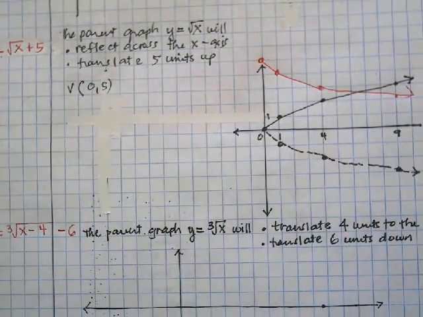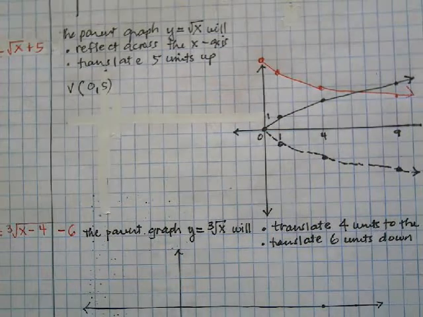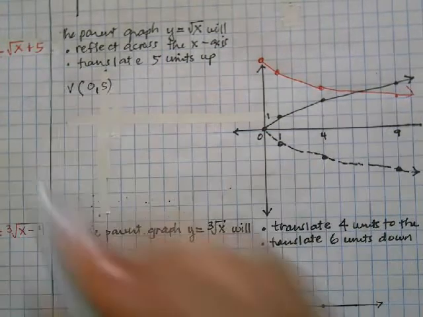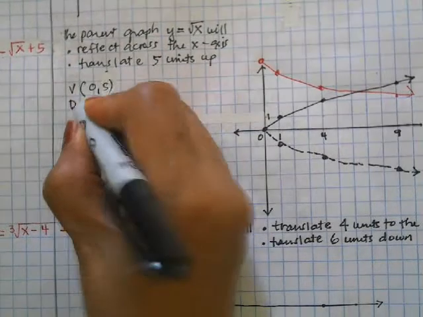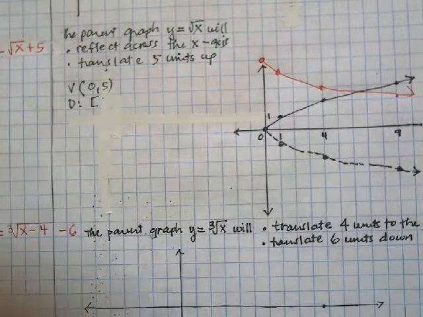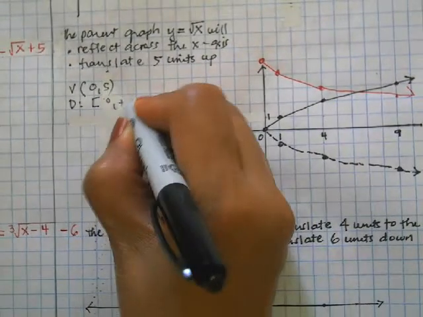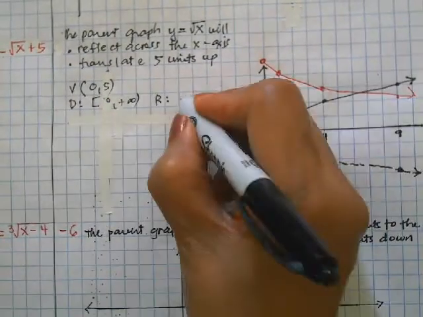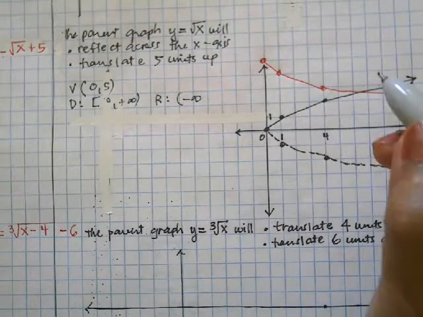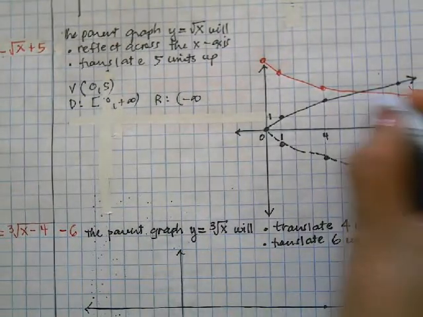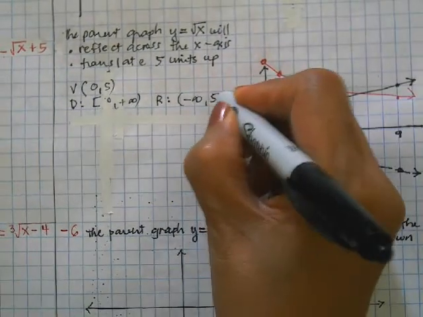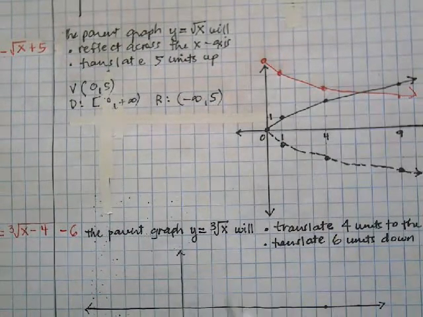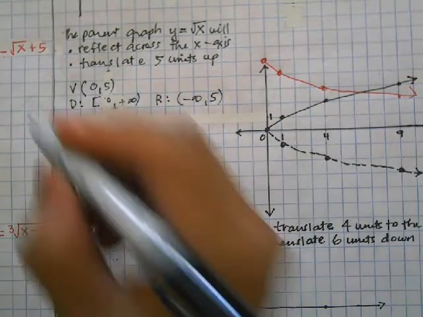Let's do our domain first. The domain will be 0 to positive infinity. The range will be negative infinity up to 5.